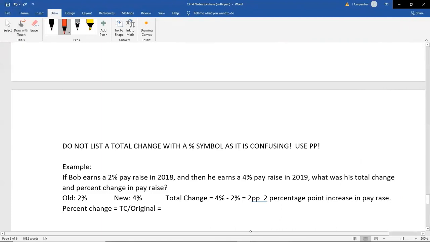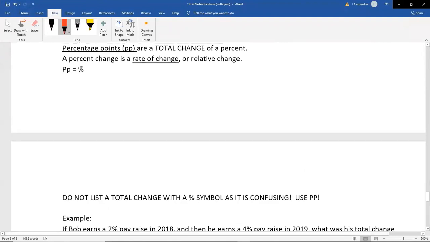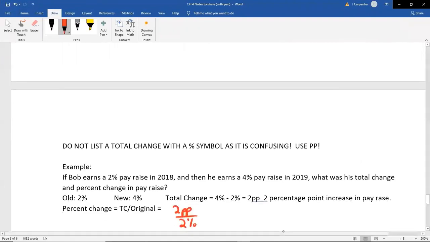So the total change was the 2 percentage points divided by the original, which was the 2%. Now we said this earlier. The symbol for percent literally means the same thing as percentage points. These are just different symbols to avoid confusion. So when I take a percentage point and divide it by a percent, those units cancel each other out.